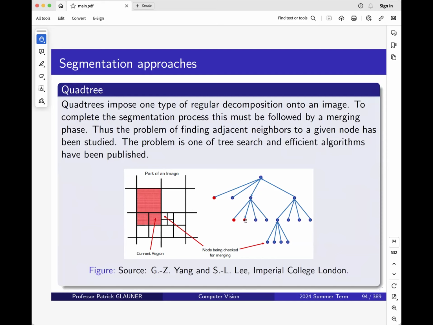Here we can use it for a segmentation, and it's actually a combination of merging and splitting, because initially it tries to split the image into smaller parts and then merge them together into coherent parts. And this can be done with this tree approach quite well. It's an algorithm that is overall studied very well, and there are efficient implementations of it. So in case you need a combination of splitting and merging for your segmentation tasks, maybe take a look at an efficient implementation of a quadtree.